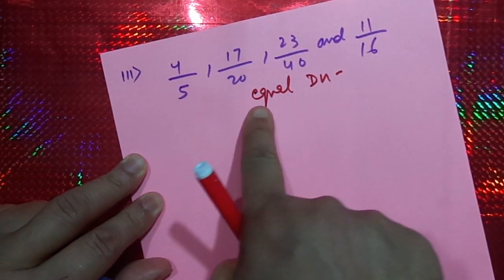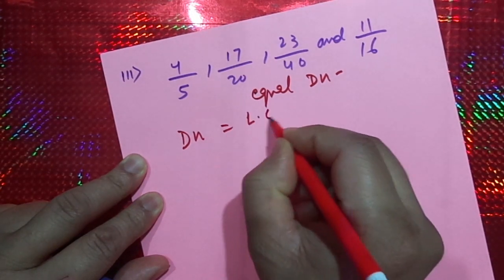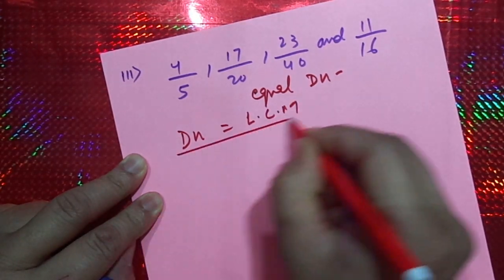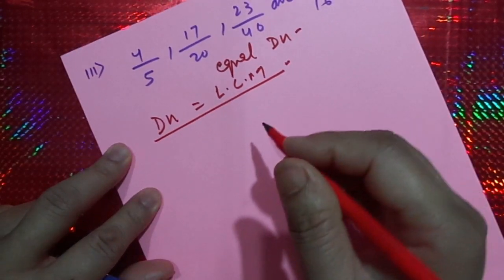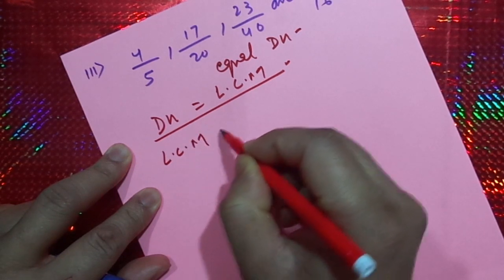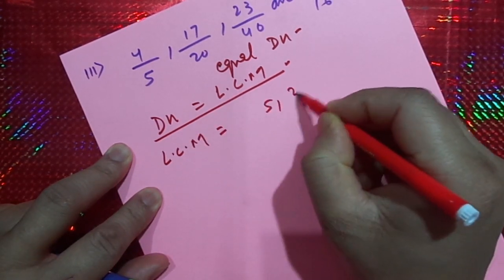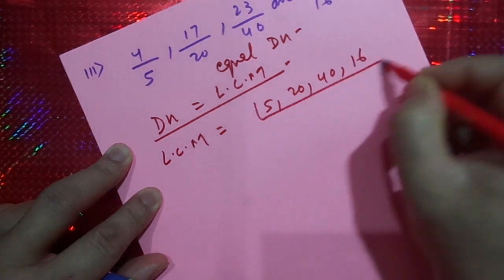In order to convert into equal denominators, the denominator should be equal to LCM. This is the general rule. So what we are going to do is find out their LCM, least common multiple of 5, 20, 40 and 16.